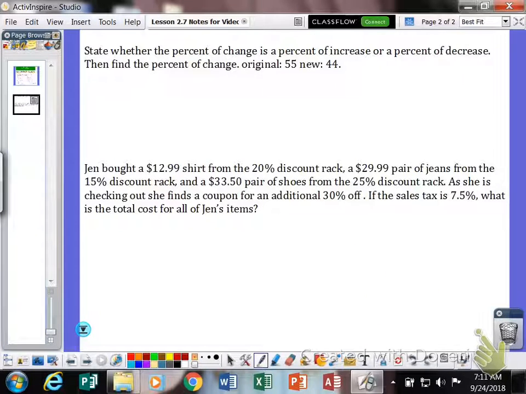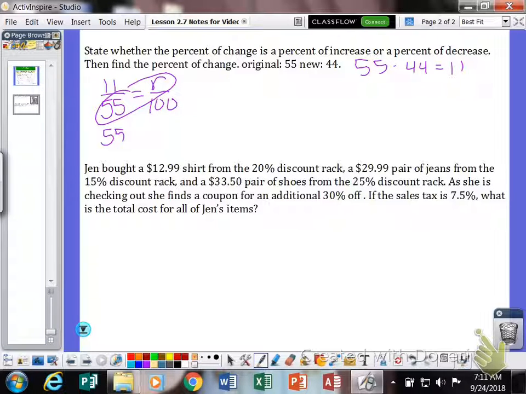Say whether the percent of change is an increase or decrease, then find the percent. So we're going from 55 to 44. 55 minus 44 is 11, so that is a decrease. So 11 over the original number, 55, equals the new percent over 100. Cross multiply, 55r is equal to 11 times 100. 55r is equal to 1100.